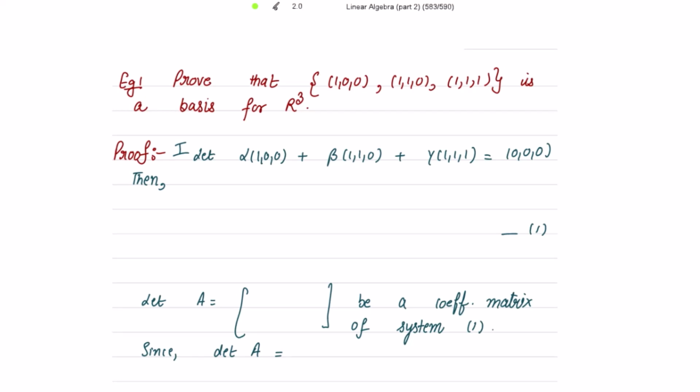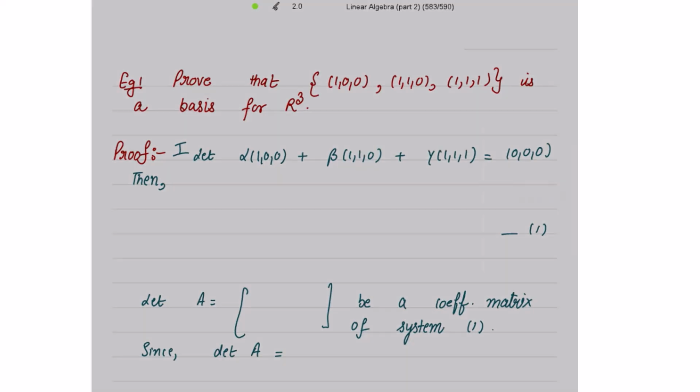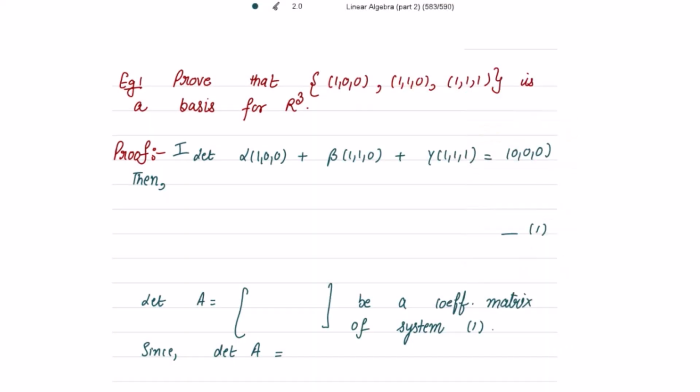Alright, the first is I'm going to show that these vectors are linearly independent. For that, I have taken the linear combinations of all these vectors. So I get alpha(1,0,0) plus beta(1,1,0) plus gamma(1,1,1) equal to (0,0,0). So this is a linear combination, and I have taken my scalars to be alpha, beta, gamma. Alright, let's solve this.